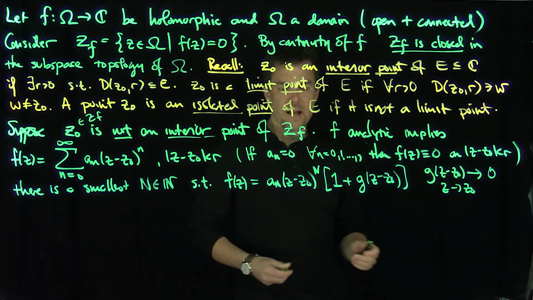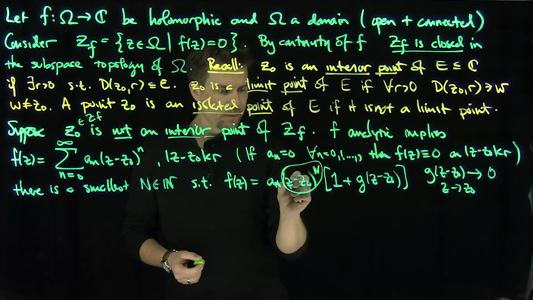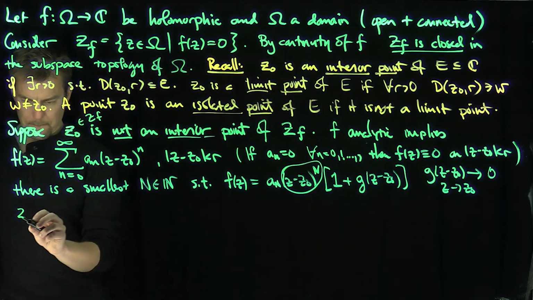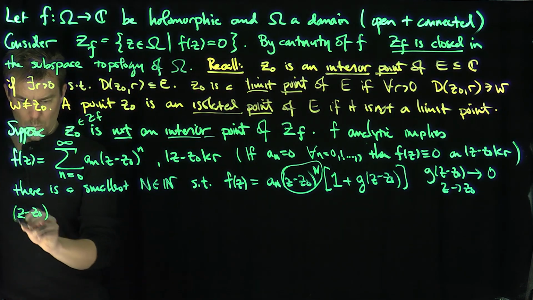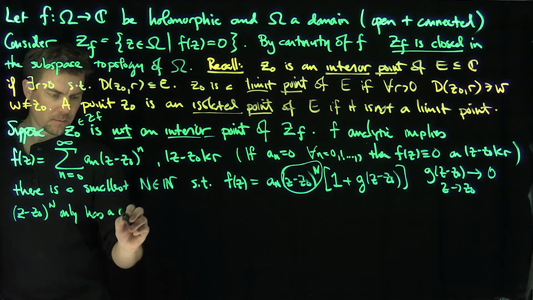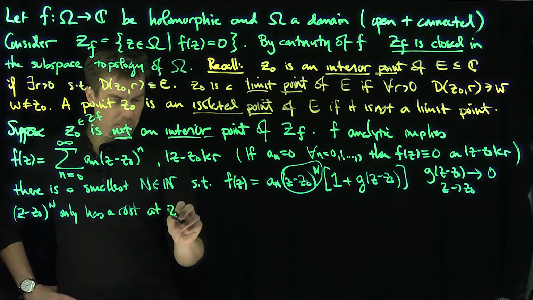Now, of course, the function (z minus z0)^n only has a root at z0.